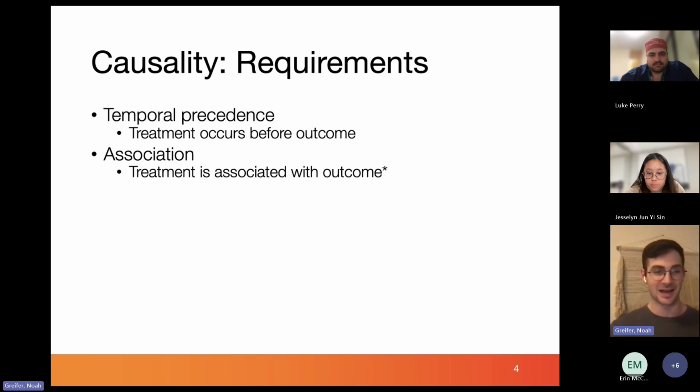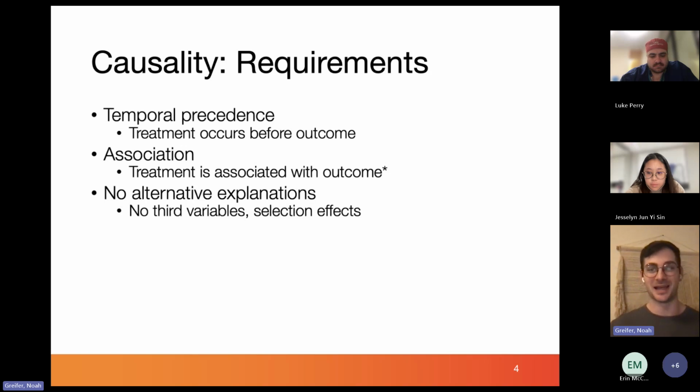I have a little asterisk here because there are some odd cases where you can understand causality without necessarily an association, but those are a little bit niche. And then the critical requirement is that there's no alternative explanation. So there's no hidden third variable or a selection effect that explains why two variables are associated.